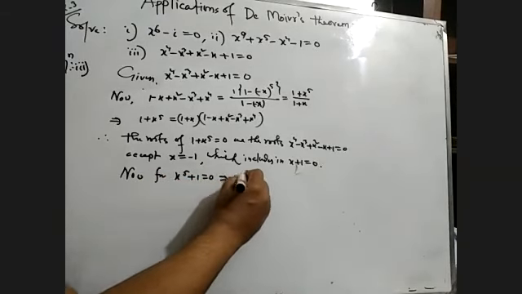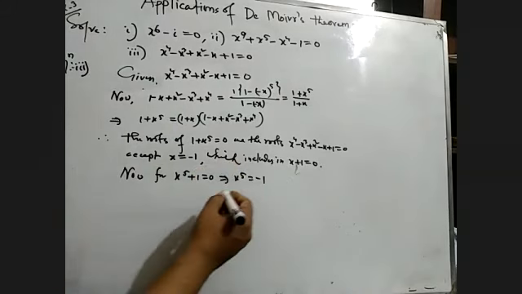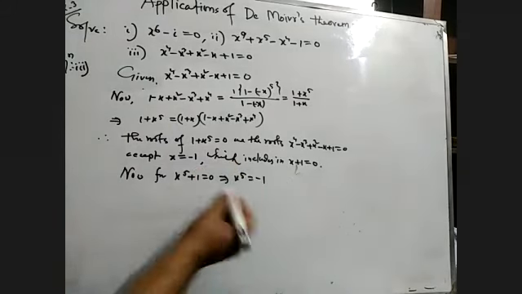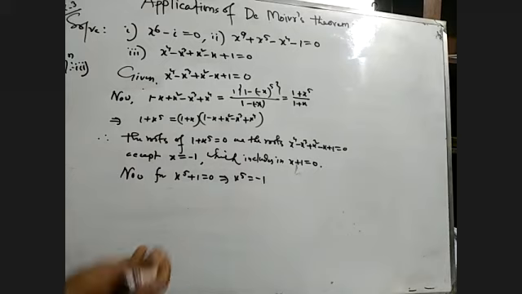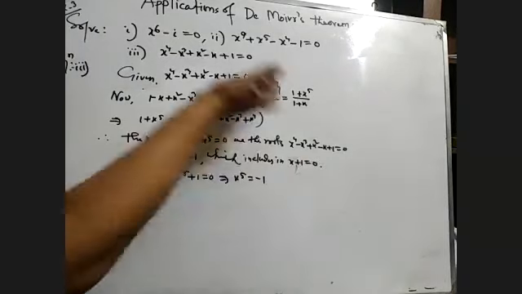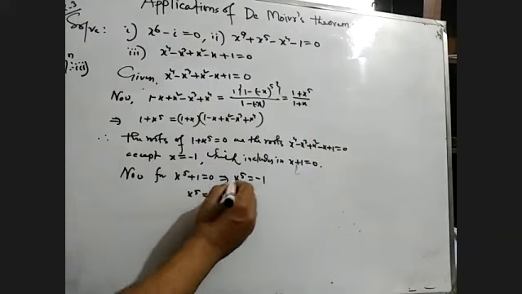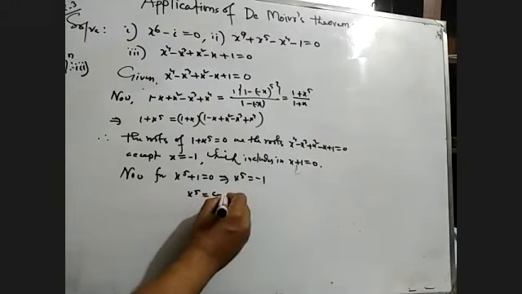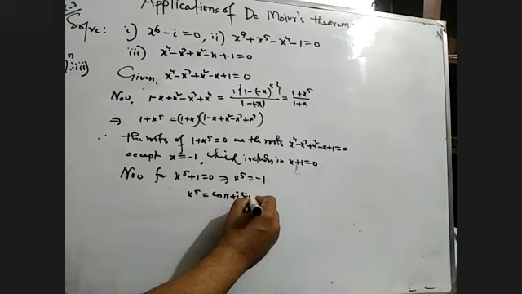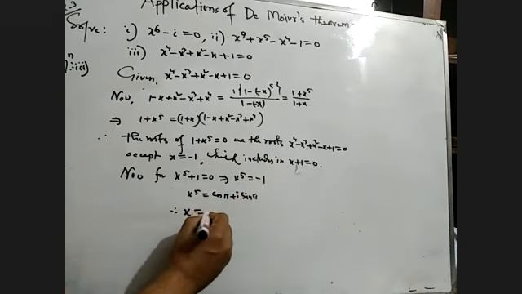That means x to the power 5 equals what? Minus 1. Now proceed in this way, finding 5 roots, and we have to reject these values. All the rest will be the roots of the given equation. That means x to the power 5 can be written as cos pi plus i sin pi.